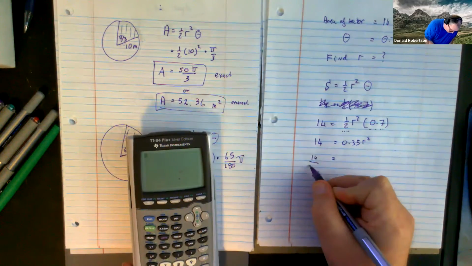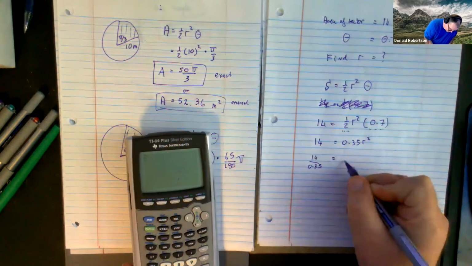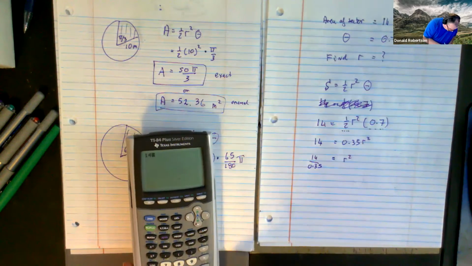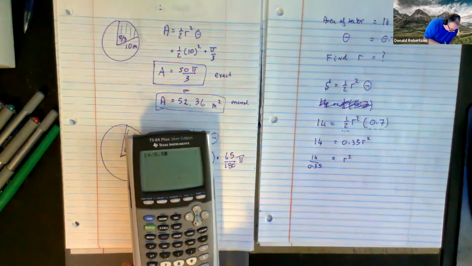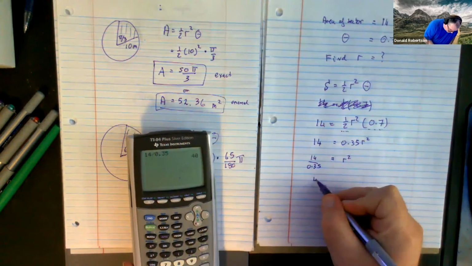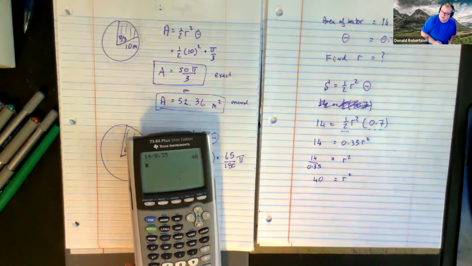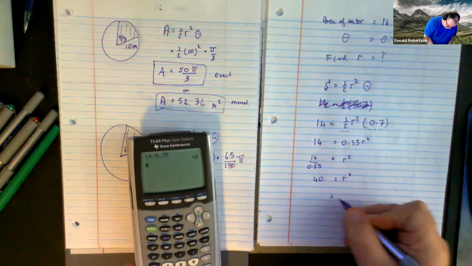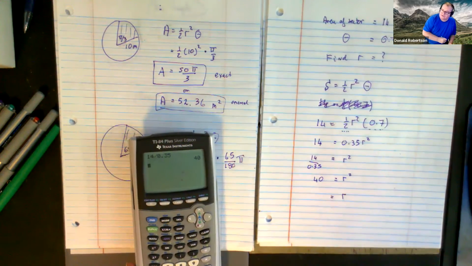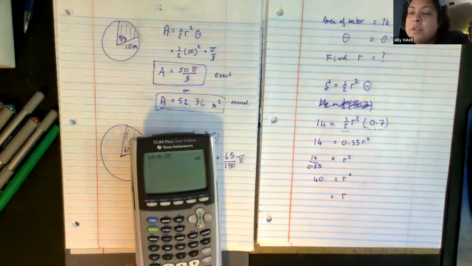Agreed. So I'm going to divide both sides by that. And I'm going to go 14 divided by 0.35. And the answer I'm getting here is 40. So far, so good? What should I do to both sides to find the missing radius? Take the square root.